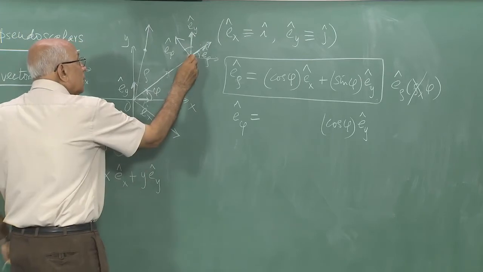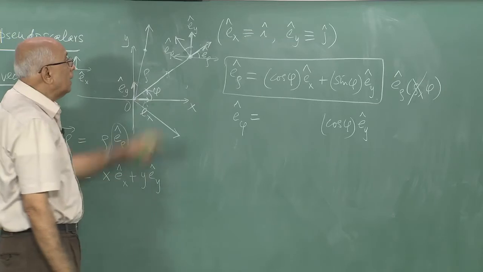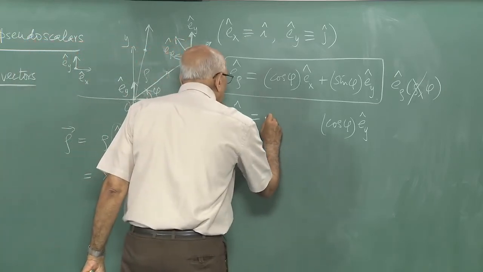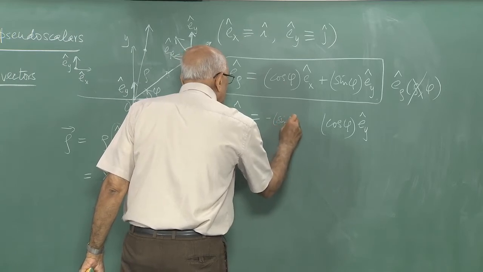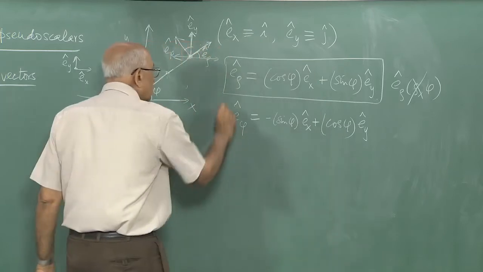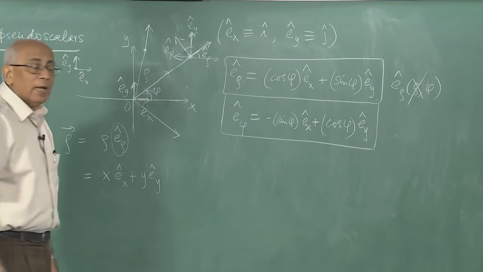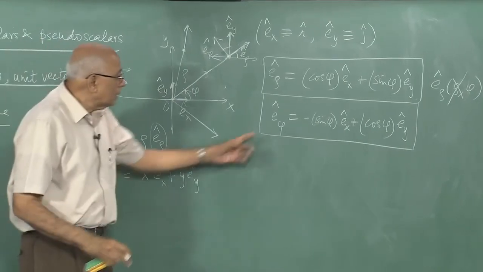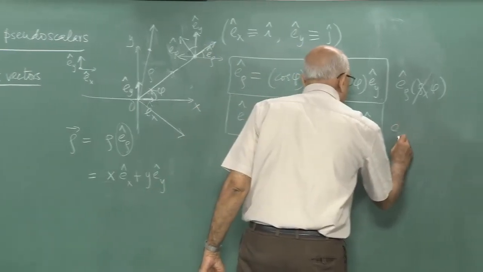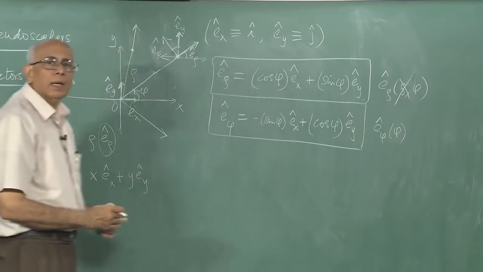But the projection along the x direction is in the negative Ex direction, and this height is sin phi. So the rest of this formula is minus sin phi times Ex plus cos phi Ey. Again, as before, it is immediately clear that E phi also is a function only of phi, does not have rho dependence in it at all.